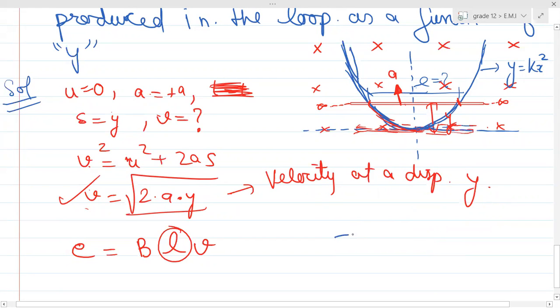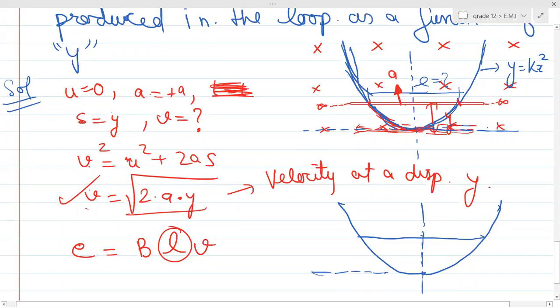So how will we do it? Math student, can you tell me what will be the length of this thing? Will it be 2x? 2x, where x is the point where it is intersecting the parabola.